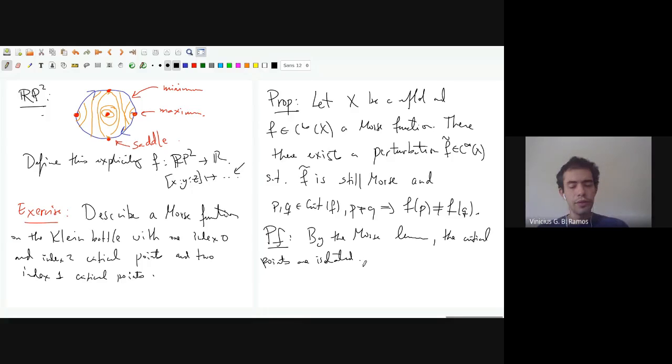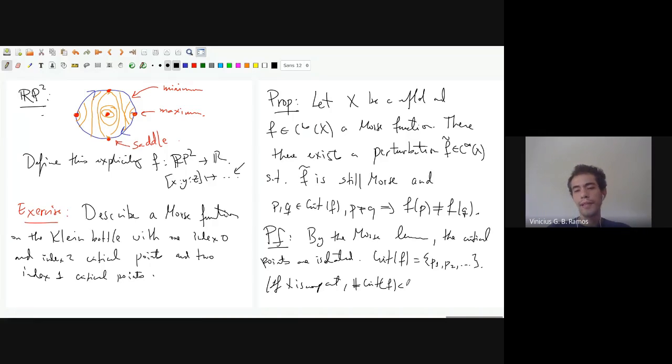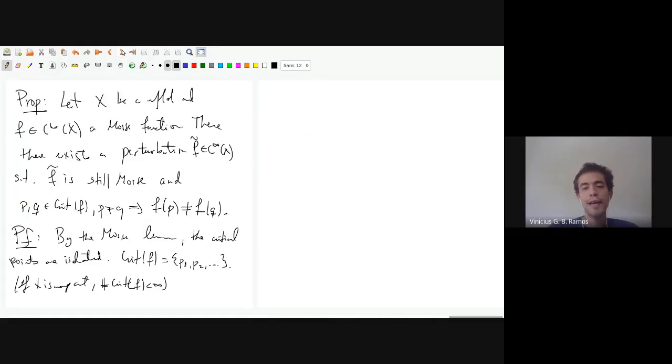So because they're isolated, they have to be countable. So they're p1, p2, etc. You can have infinitely many if X is not compact. If X is compact, the number of critical points has to be finite, but in any case, it doesn't matter for this proposition.